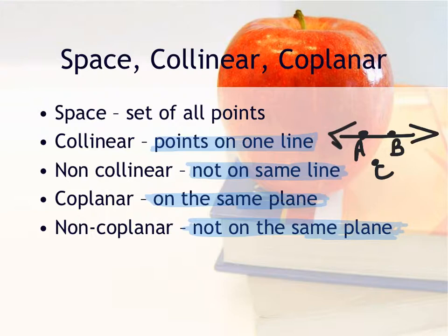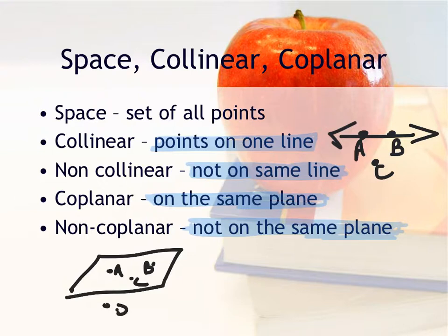When I talk about points being coplanar, I'm referring to a plane. I could draw a parallelogram, and 3 points that would be coplanar could be point A, point B, and point C. They're in the same plane, so they're coplanar. If I have non-coplanar, I could draw in a point D that's outside of my plane.